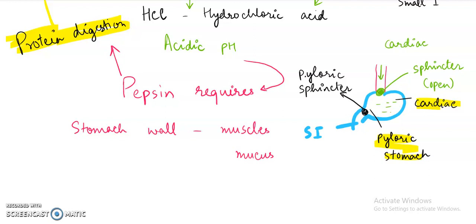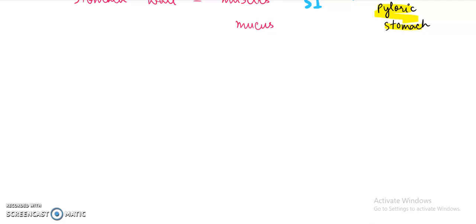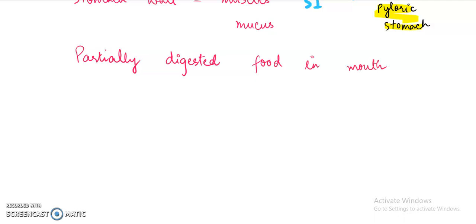Another important thing before we wind up the stomach: the partially digested food that was there in the mouth has got a specific name. What is its name? Its name was bolus, and the bolus was the one that by peristalsis came to the stomach, right?